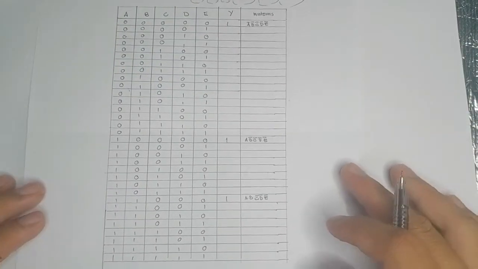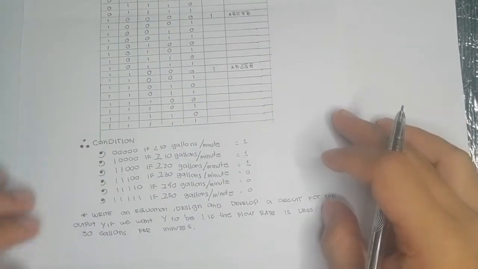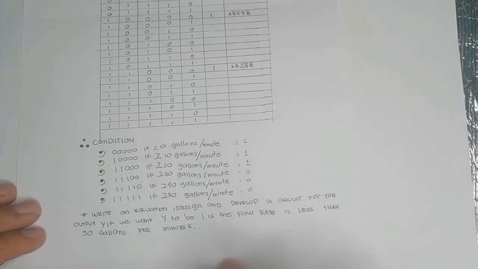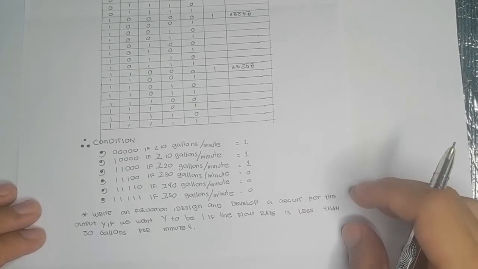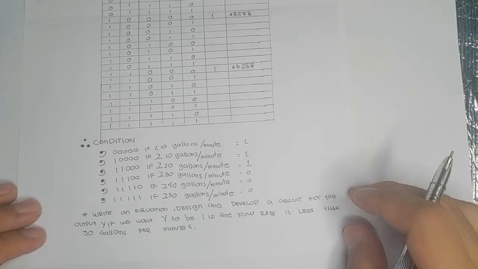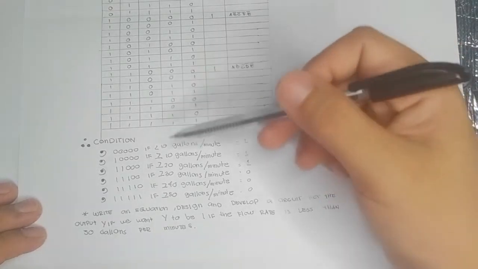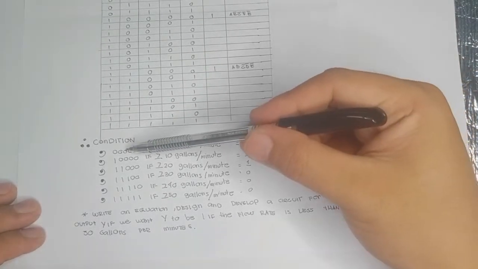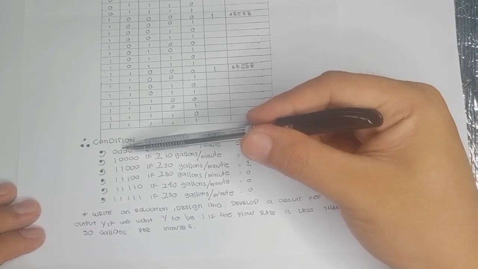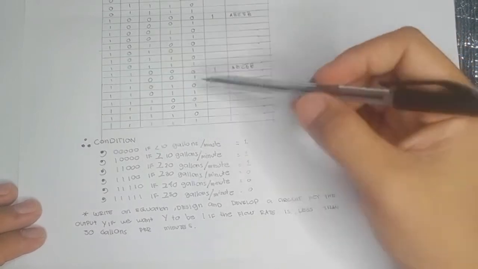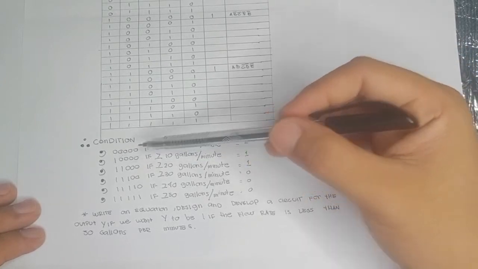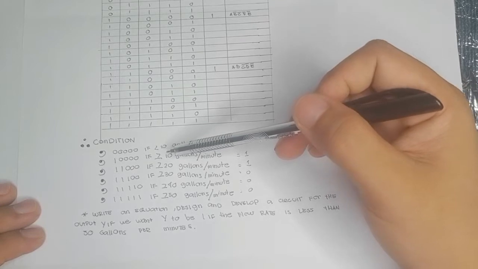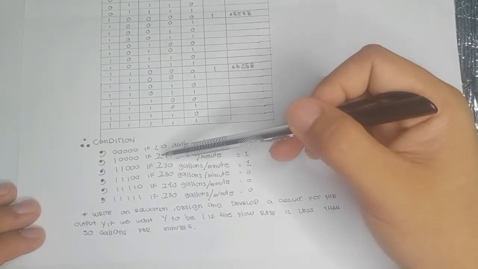But for letter A, it is said to write an equation, design and develop a circuit for the output Y if we want Y to be 1 if the flow rate is less than 30 gallons per minute. So these are the conditions. All the digits are 0 if less than 10 gallons per minute. First digit is 1 if at least 10 gallons per minute, or greater than or equal to 10.